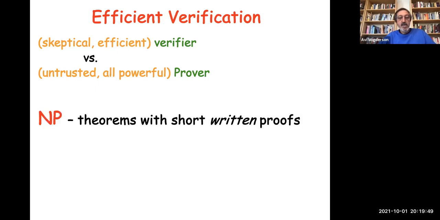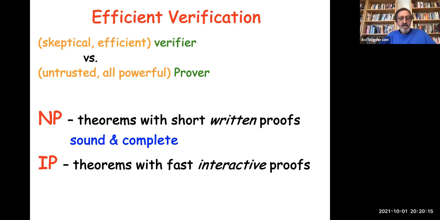And this is really the normal situation that defines NP, right? The theorems with short written proofs, basically publishing papers about results. Somebody very clever found a proof, wrote it down, and then you can read it. That's NP, and great, so it's sound and complete.